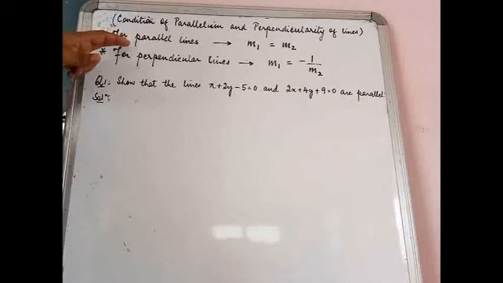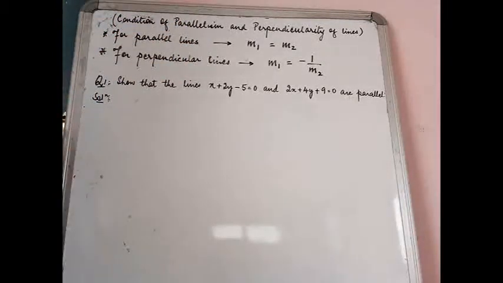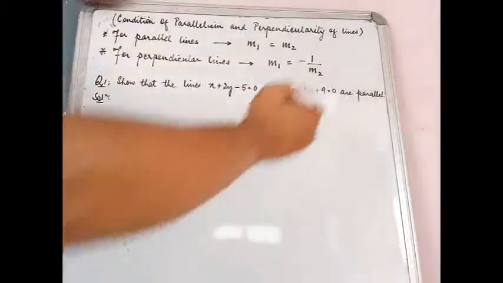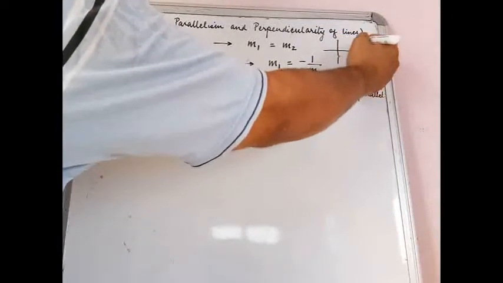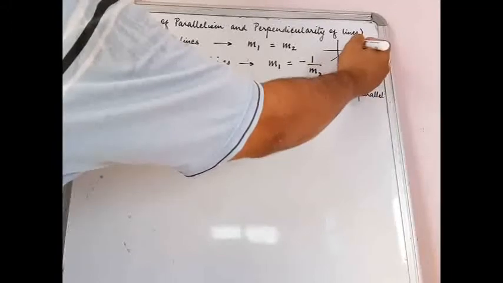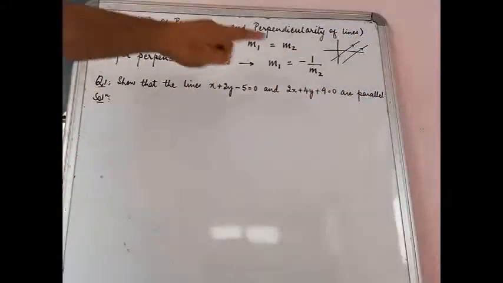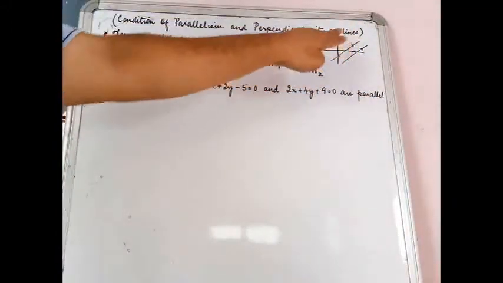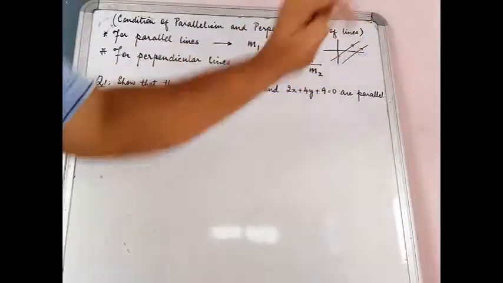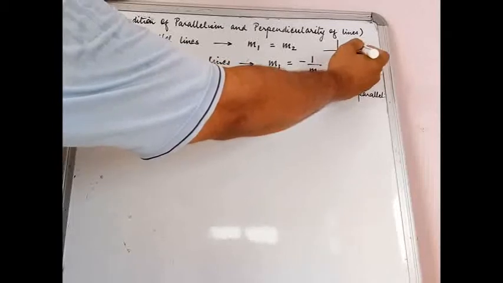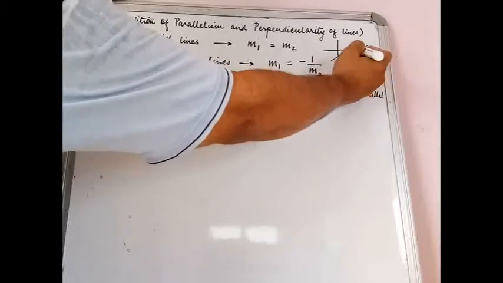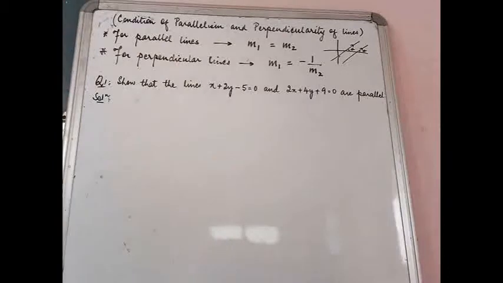Okay, so if you see over here, I have listed down for parallel lines. For two lines which are running parallel to each other, obviously you can understand this by simply drawing a rough diagram like this and like this. Suppose these two lines are running parallel to each other, so obviously the angle that they are going to make with the positive side of the x-axis, these theta angles, are also going to be same.